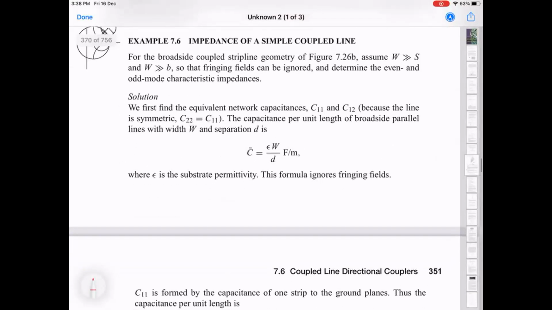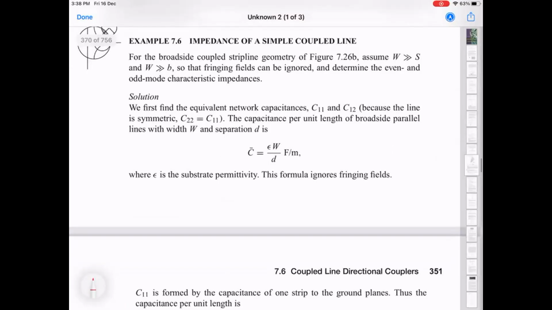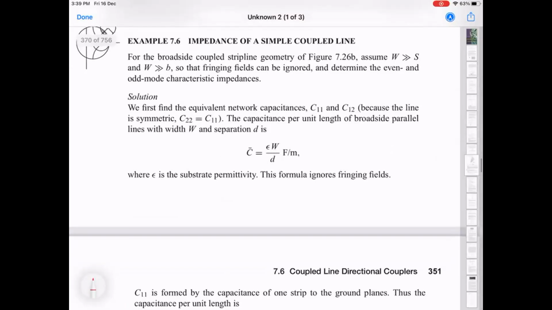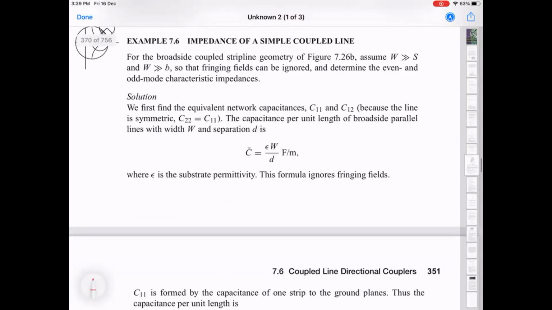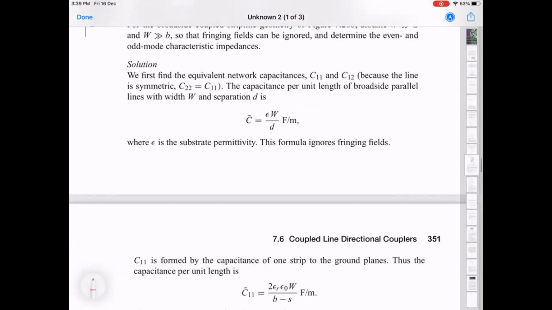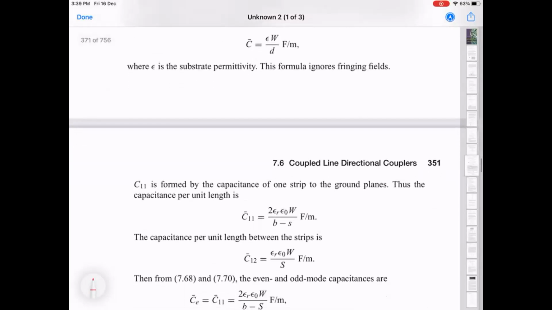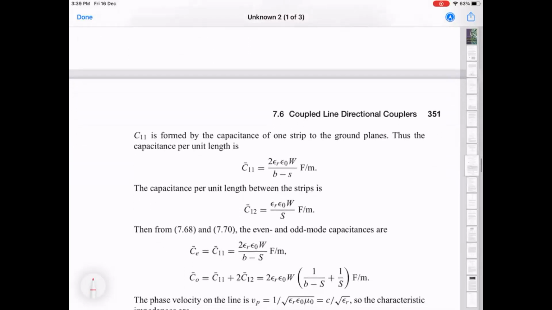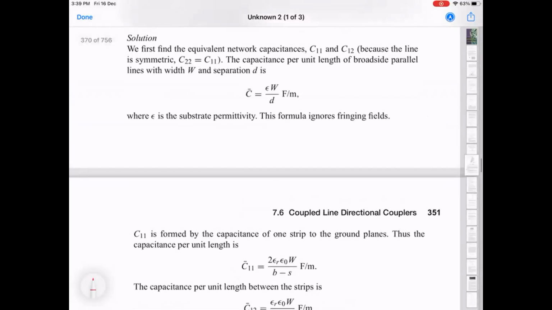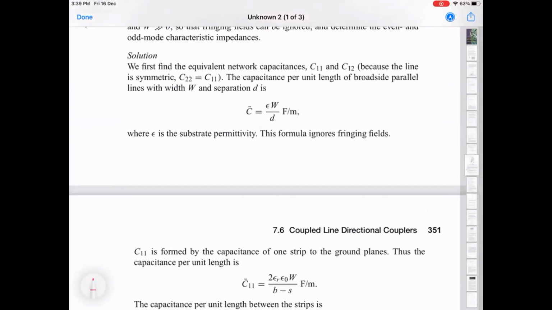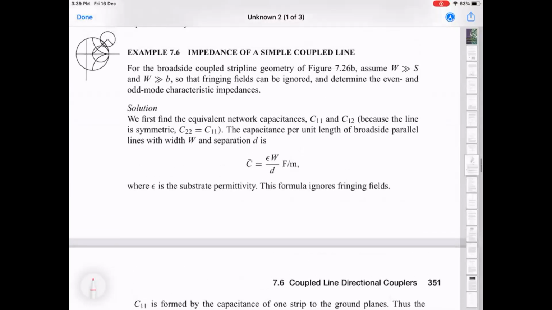Let's see. Okay, assume W is much greater than S, and W is much greater than B. So they say capacitance per unit length of broadside parallel lines with width W and separation D. Oh, wait a second. What is D here?